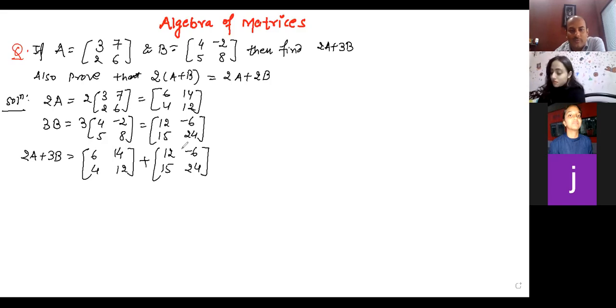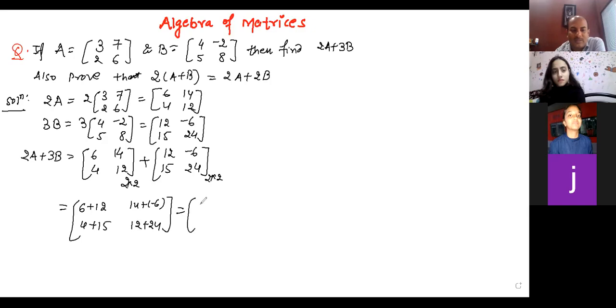Addition is possible because the order of both the matrices is the same, that is 2 by 2. Now the elements at the respective positions will get added up. That is, 6 plus 12, 14 plus of minus 6, 4 plus 15 and 12 plus 24.